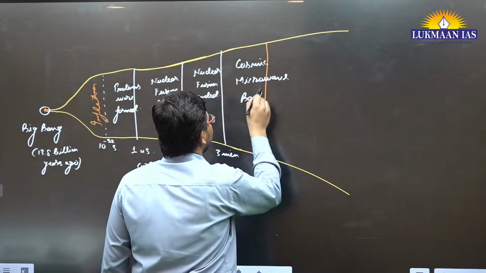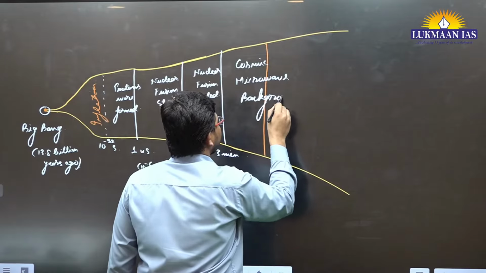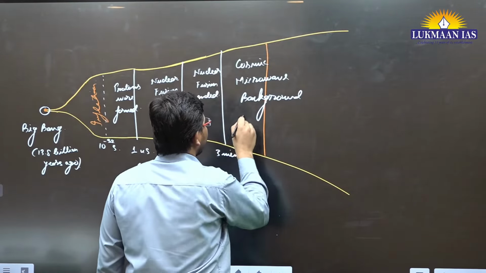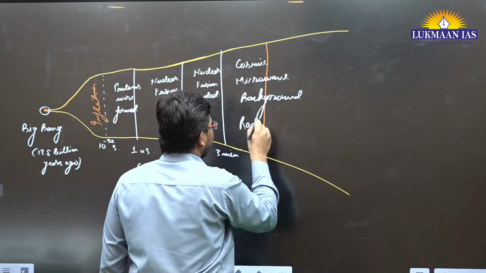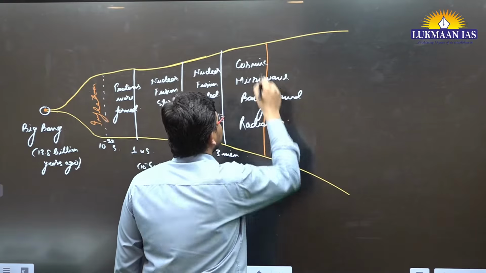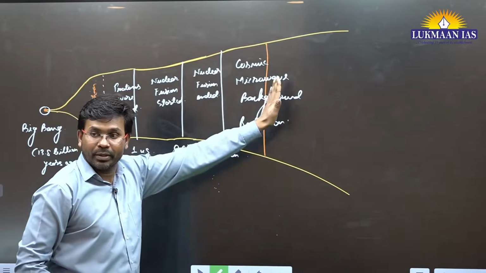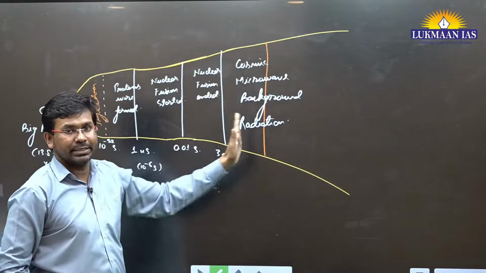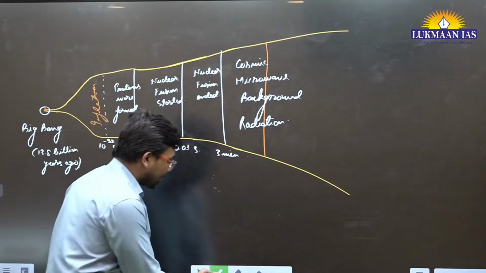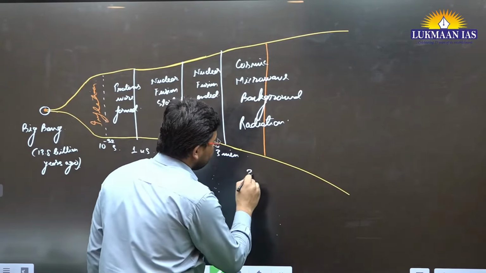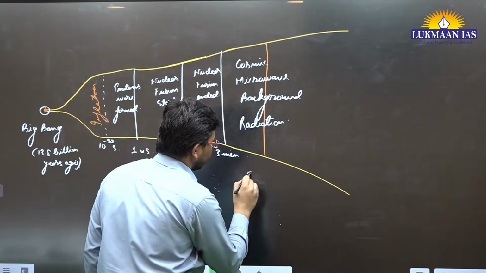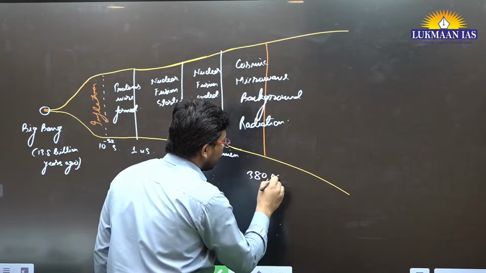Just this line will come to the left of this line. Okay, this is the thing. So when it has happened, 380,000 years ago.